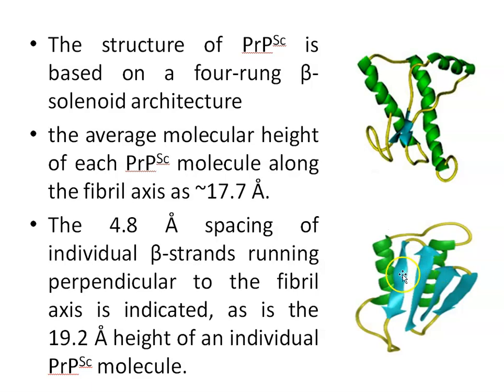So these are 4 beta sheets. The average molecular height of each PrPsc molecule along the fibril axis is approximately 17.7 angstrom, and 4.8 angstrom spacing of individual beta strands runs perpendicular to the fibril axis. Then 19.2 angstrom is the height of an individual PrPsc molecule.